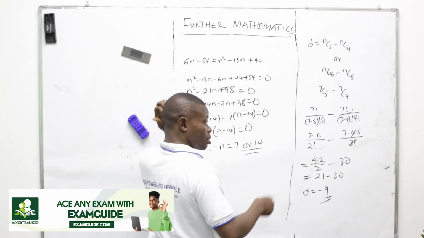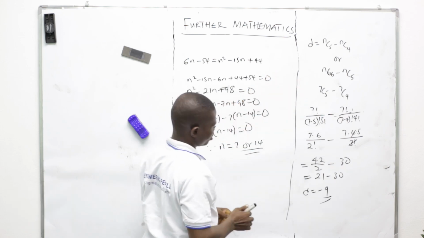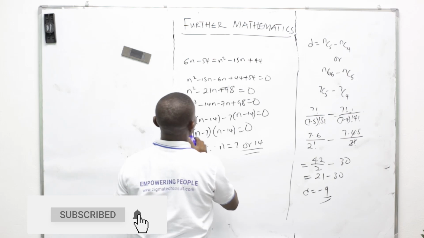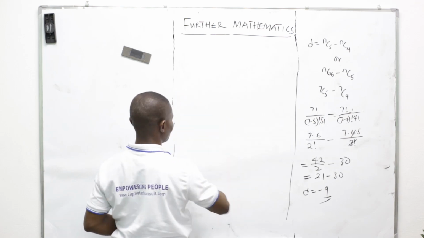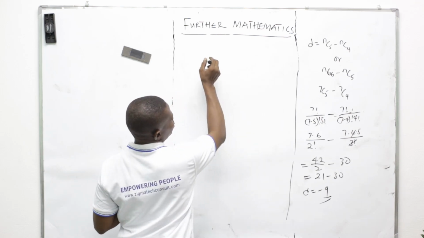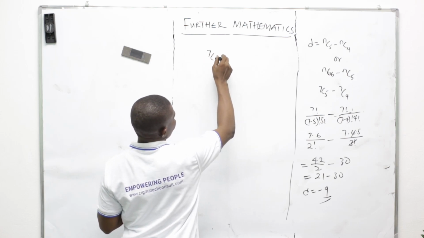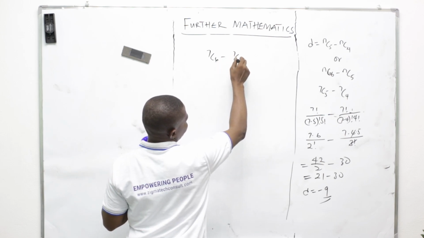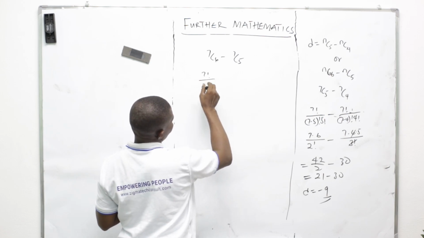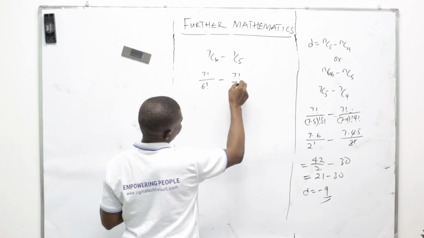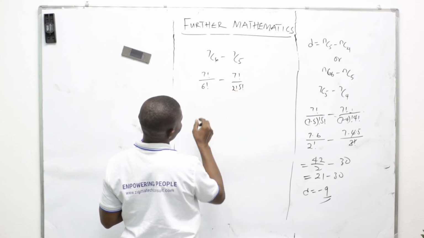This is minus 9, or we can use n combination 6 minus n combination 5 for the common difference. That is 7 combination 6 minus 7 combination 5. 7 factorial all over 6 factorial minus 7 factorial all over 2 factorial dot 5 factorial.